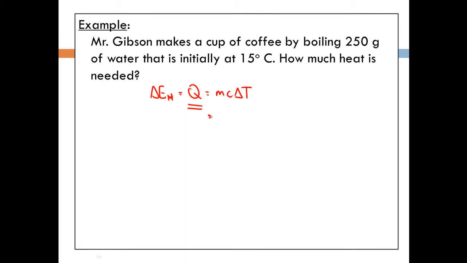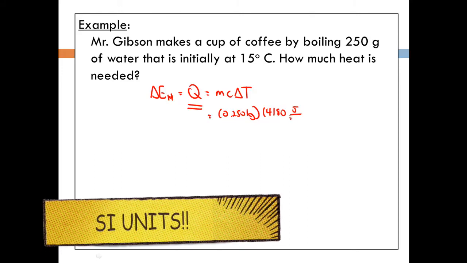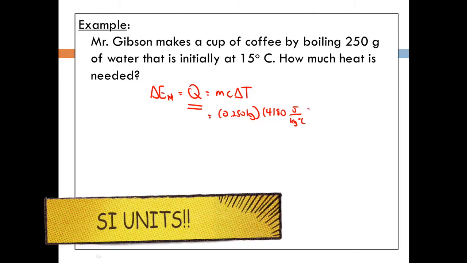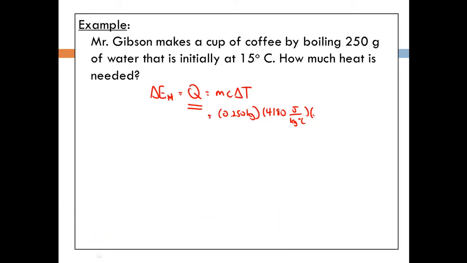Well, if we start plugging in our values, we know that our mass has to be in kilograms. And we know that the specific heat of water, as listed previously, was 4,180 joules per kilogram degrees Celsius. And our delta T, well, this is interesting. It was initially at 15 degrees Celsius, and it's taken up to boiling.